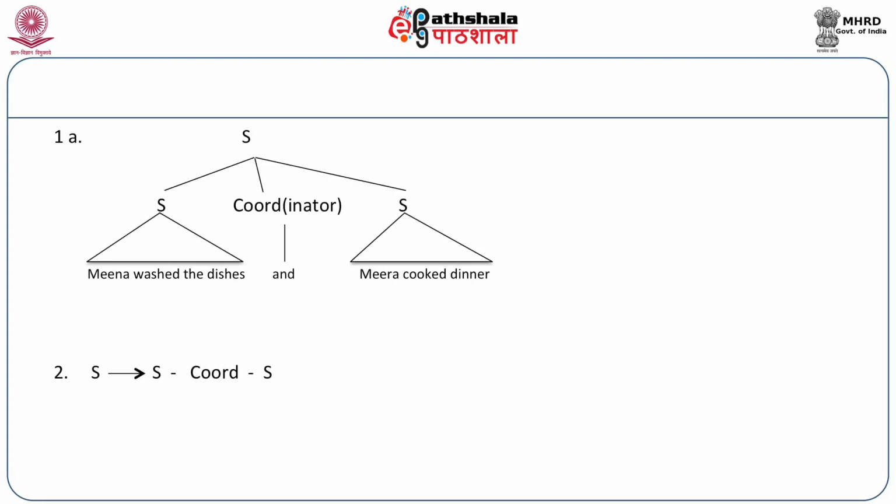In this sentence, we have a coordinator which is and, here two clauses have been coordinated, and therefore the S at the top goes into two clauses, S and again S, and they are coordinated by the coordinator and we can formulate a rule like 2 where S goes into S, coordinator and S.